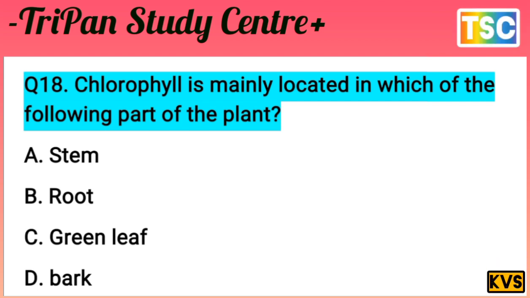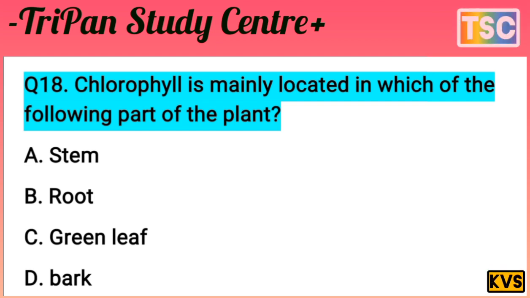Chlorophyll is mainly present in the leaves of the plant, only in the green leaf. It means option C, green leaf, is correct for this question. Chlorophyll is mainly localized in the green leaf.